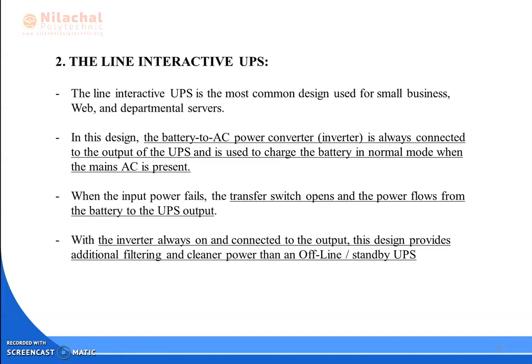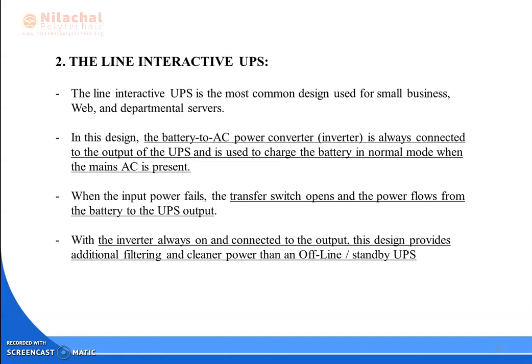But when the current fails or when the power goes off, then the transfer switch stops taking the current from the AC main power source. Rather, it opens and power flows from the battery. The battery is already charged while the main AC was present. Now it will give the backup power as the UPS output.